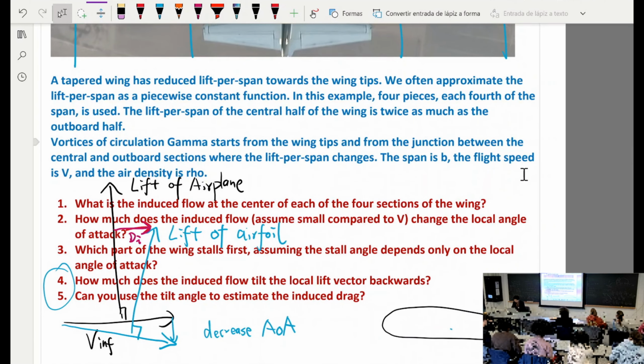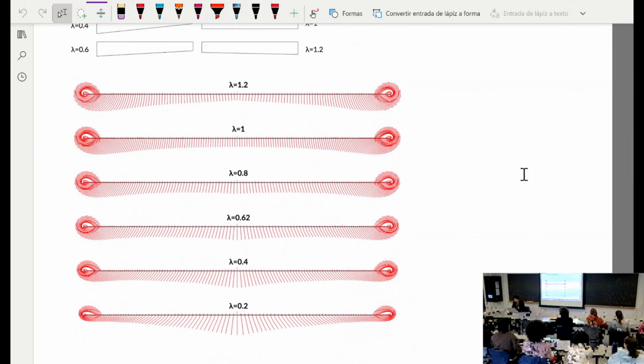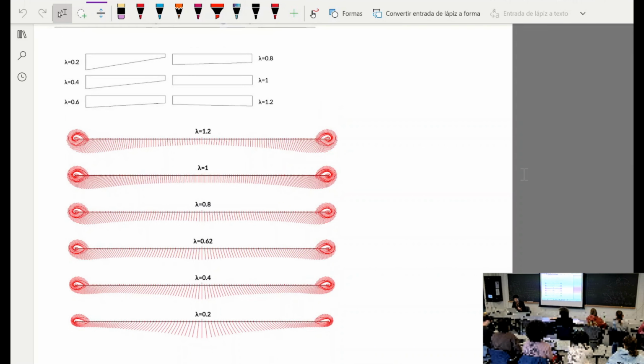So that's it for now, and I'm just going to go over a little bit the kind of numerical calculation that was done. So this is what you see as a lift distribution of the different tapered wings.